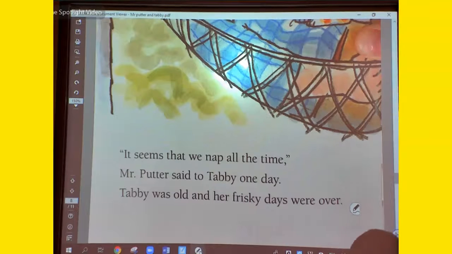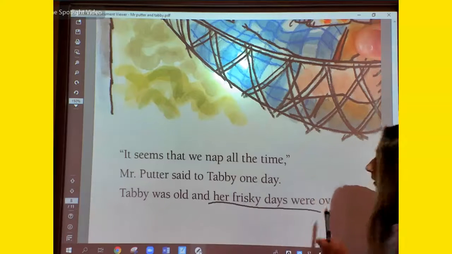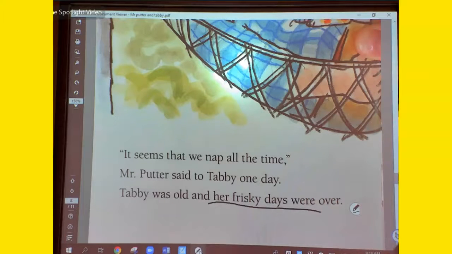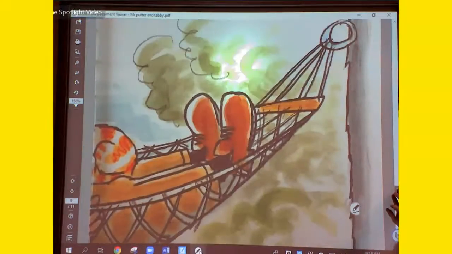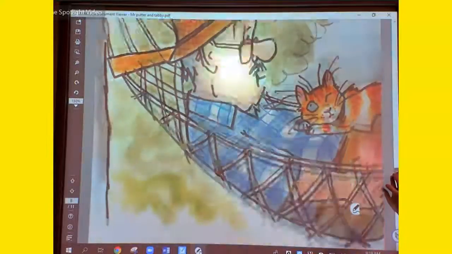Cadence, do you know what that means? Her frisky days were over. Playful days. Perfect. So she's not very playful anymore. She just kind of hangs out and takes naps with Mr. Putter. Excellent job.